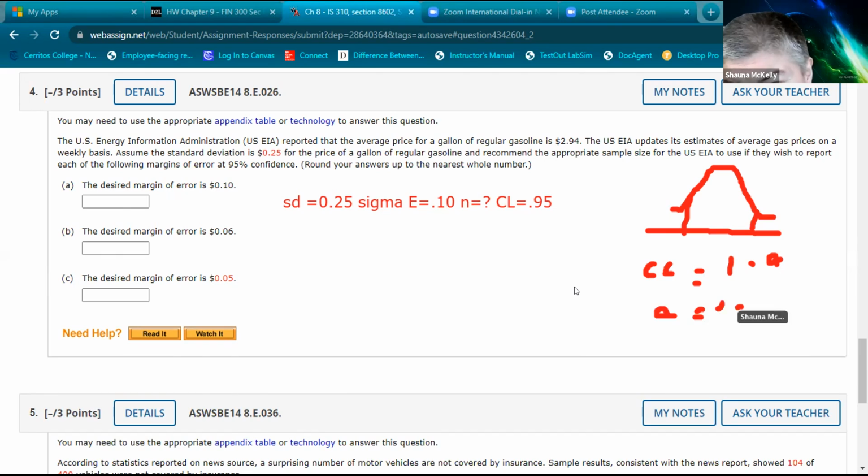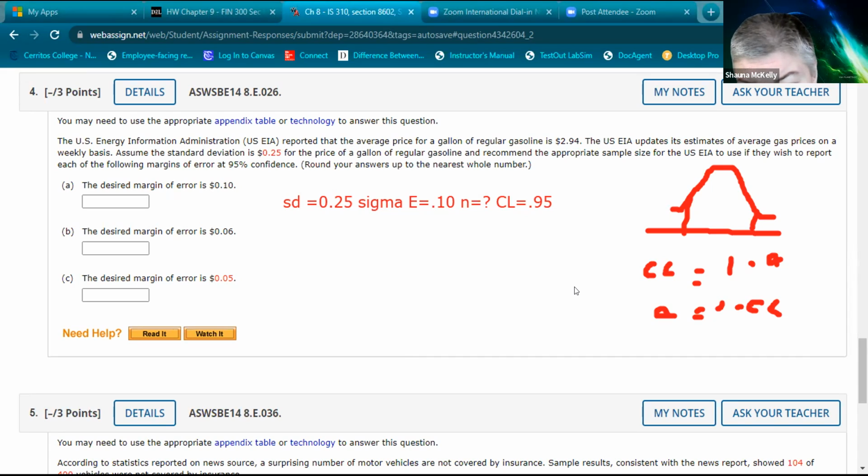So in this case, what does that mean? That means that if I wanted to calculate Z by hand, because you didn't remember what Z corresponds to a 95% confidence level, then you would say Z is equal to the inverse norm of the area to the left. Now, if this middle portion is 95, then each of these tails is 2.5.